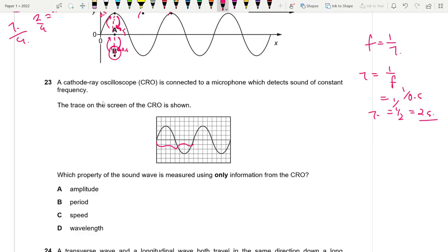Like if we know the time base and multiply it with those boxes, we can get out the time period. And if we know this and multiply it with the Y gain, we can find out the amplitude. So it's not C and D, clearly. It's not C and D, it's between A and B.